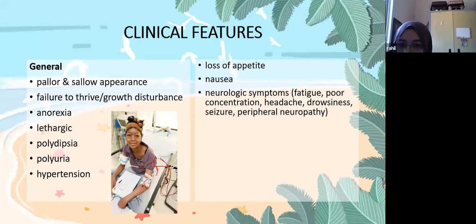But generally, children with CKD can present with pale and sallow appearance due to the deposition of waste products under the skin, as they fail to be excreted. They also can have growth disturbance or failure to thrive, lethargy, polydipsia, polyuria, hypertension, reduced appetite, nausea, and also neurologic symptoms.